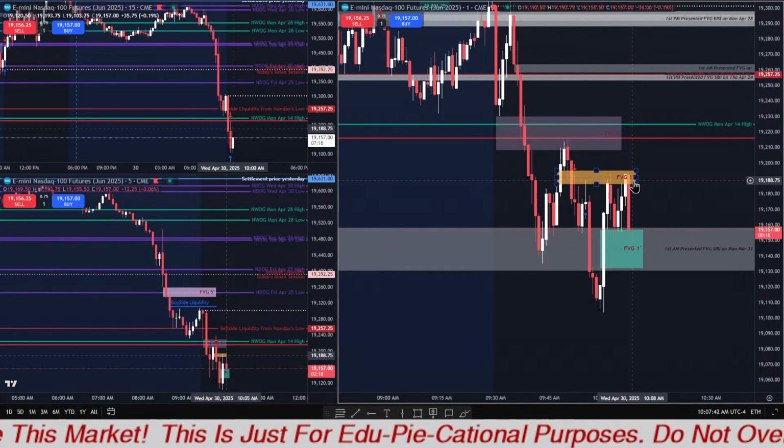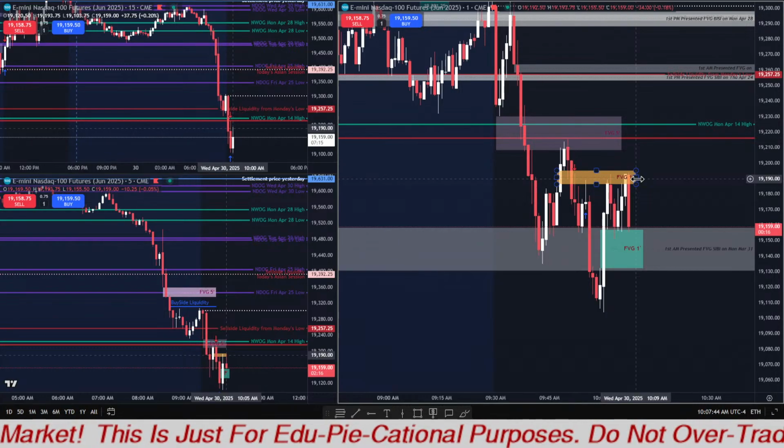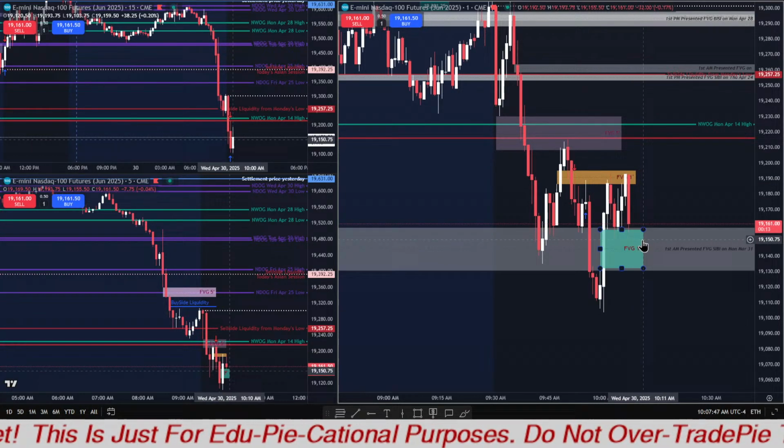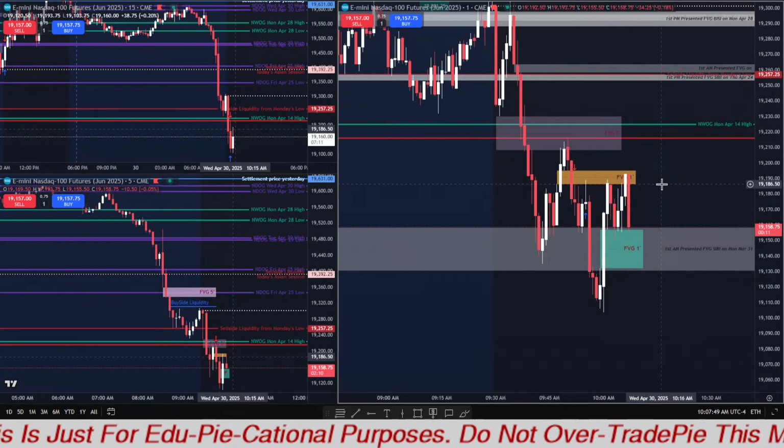Very nice reaction from the consequent encroachment of this fair value gap, and tapping once again into this BC.